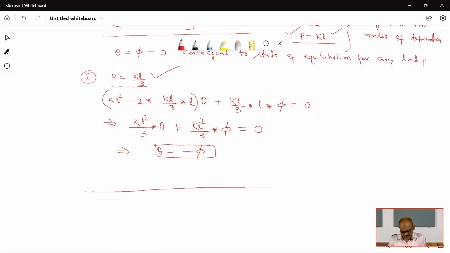It is a 3-bar system with the hinge point, and this is loaded by P is equal to KL by 3, and theta is equal to phi. For this, it will take a shape like this.